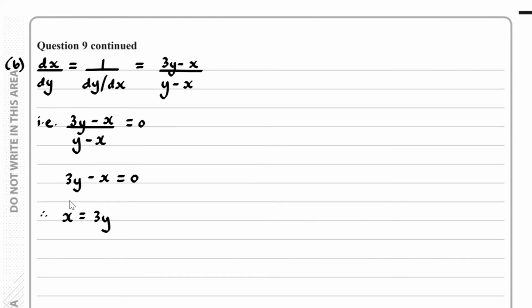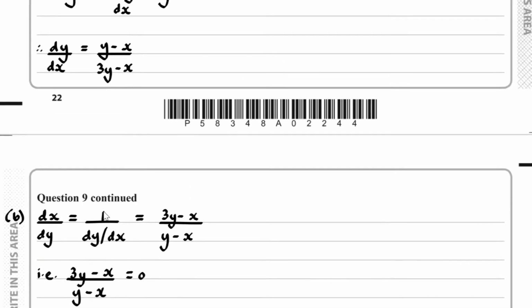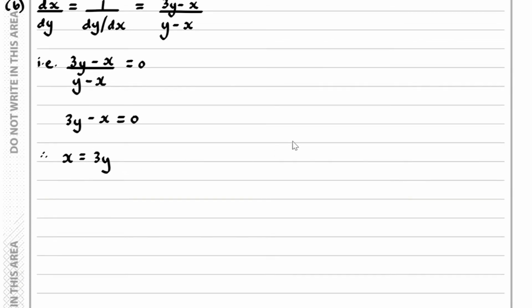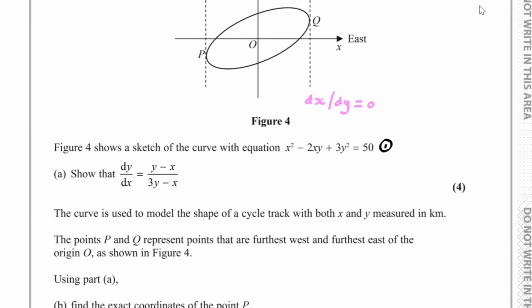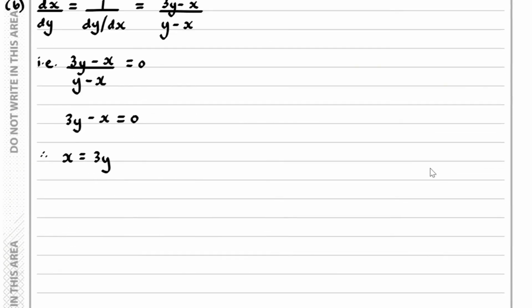So now that we know that x is equal to 3y, we can substitute this into our original equation. We'll call this equation 1. And if we substitute into our original equation, we can find out what y is and then find out what x is. So we will substitute this equation, we'll call it equation 2, into equation 1.